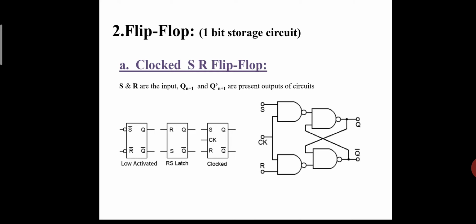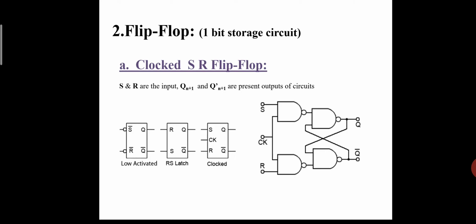Level triggered means whenever the positive level of the clock pulse is applied to a circuit, the circuit becomes active. Such triggering is called positive level triggered. If the device is activated with the negative level, it is called a negative level triggered circuit.